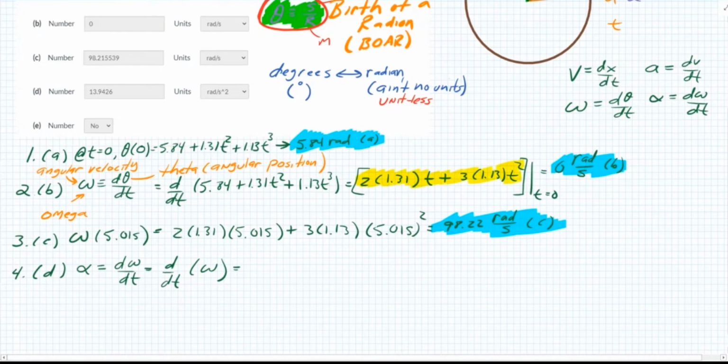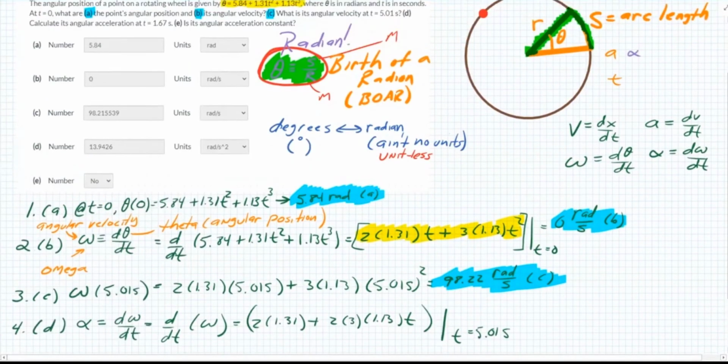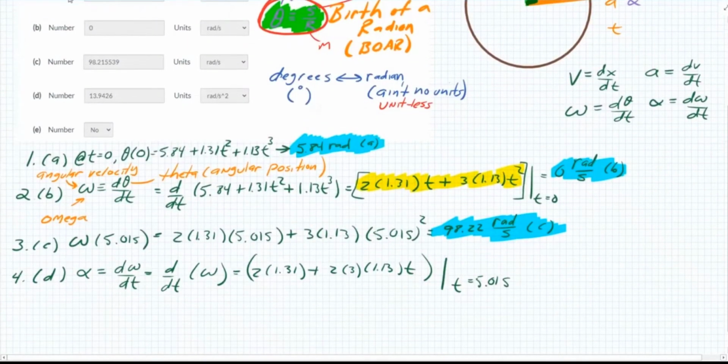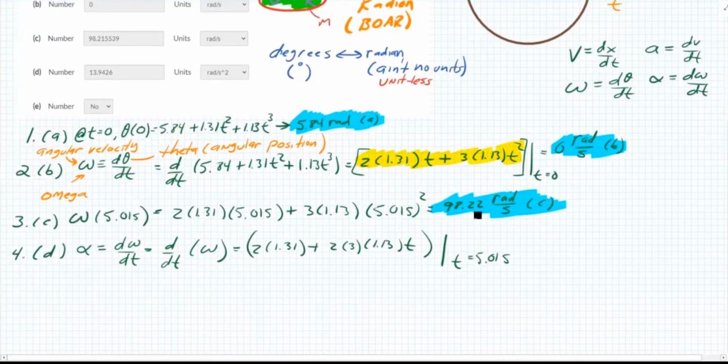That would be 2 times 1.31 plus 2 times 3 times 1.13 times t, all of this evaluated at t equals 1.67 seconds. Okay.